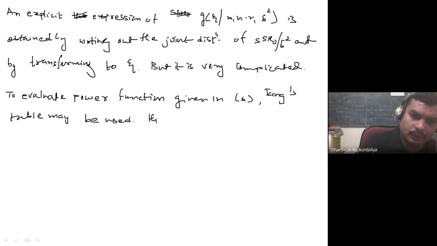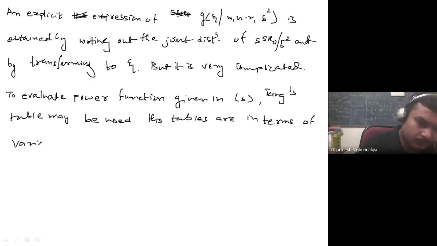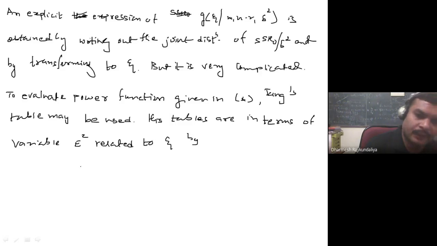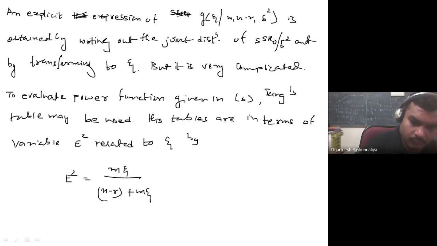These tables are in terms of the variable e square, related to xi by e square is equal to m xi upon n minus r plus m xi. So we know the form of xi, and you have to convert it into e square.